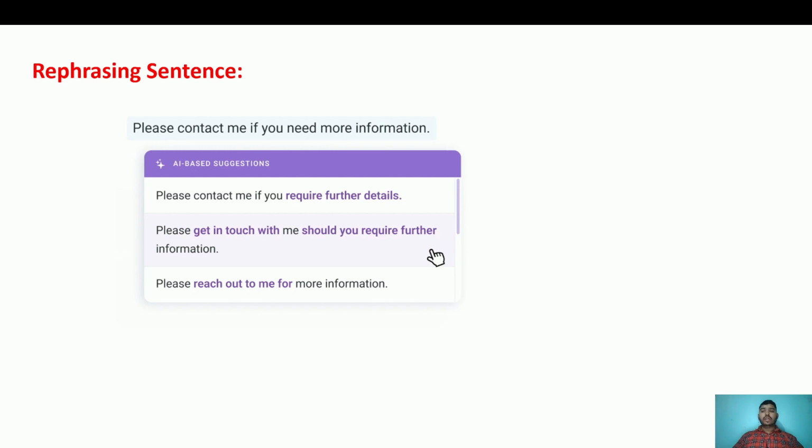Here you can see various phrasings of the sentence: "Please contact me if you require further detail." "Please get in touch with me should you require further information." "Please reach out to me for more information." So the meaning is the same, but the syntactical formation of the sentence can be different.